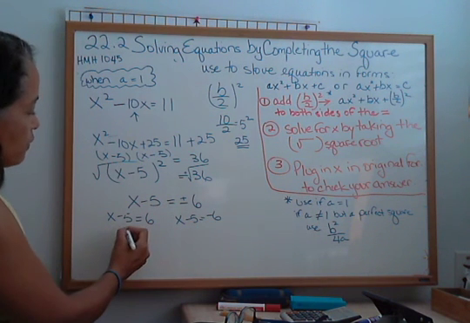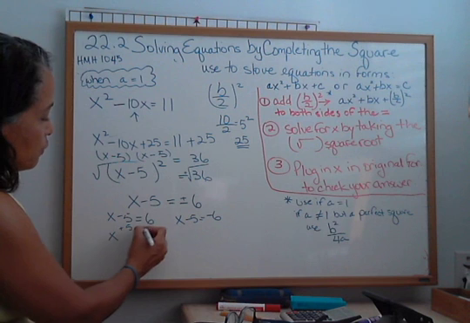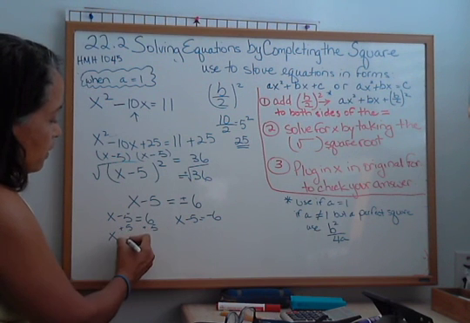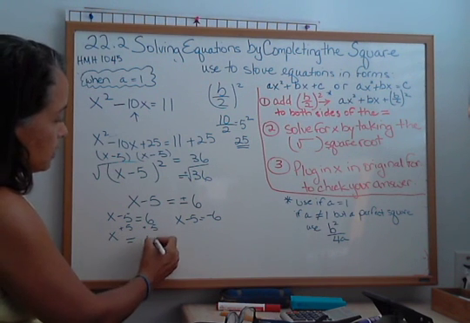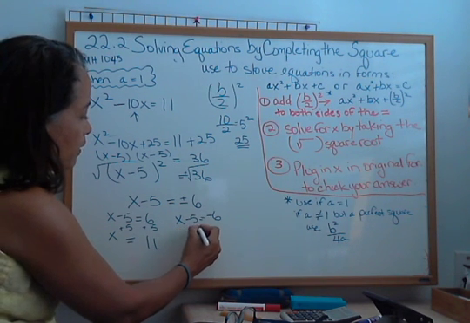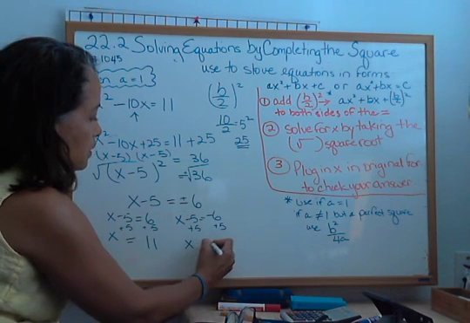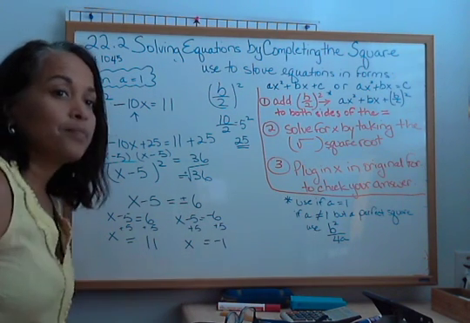Well, let's solve that. To get x by itself, I have to add 5 to both sides. So here I go, x equals 11. Here, to solve that, again, add 5 to both sides. X is going to equal negative 1.